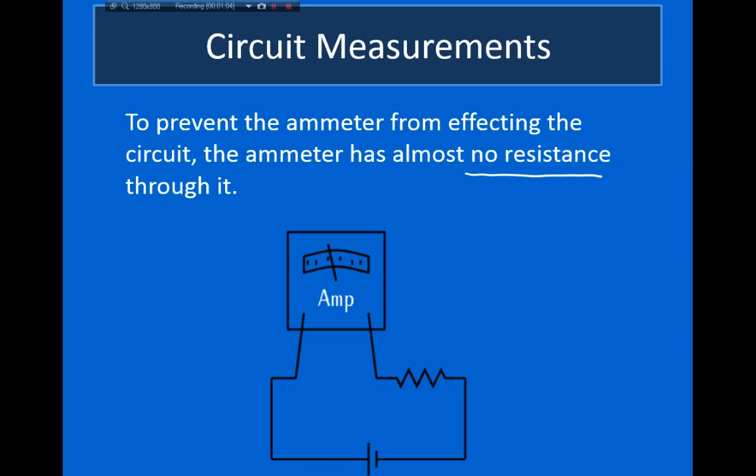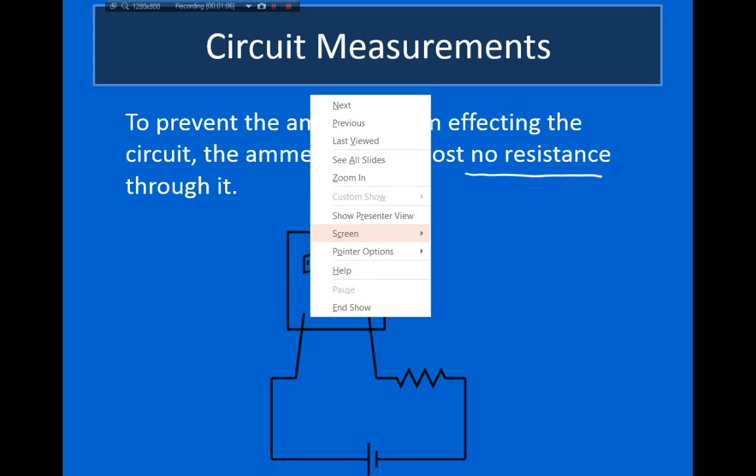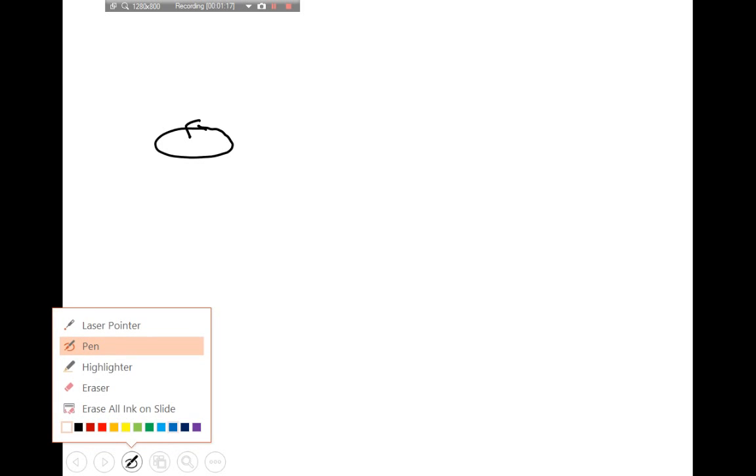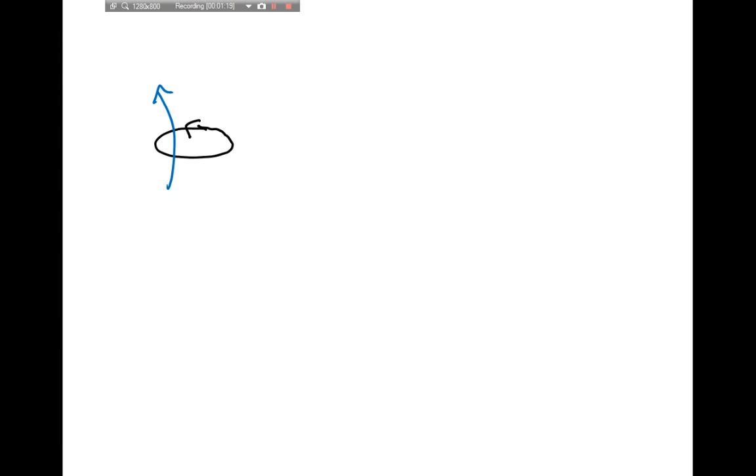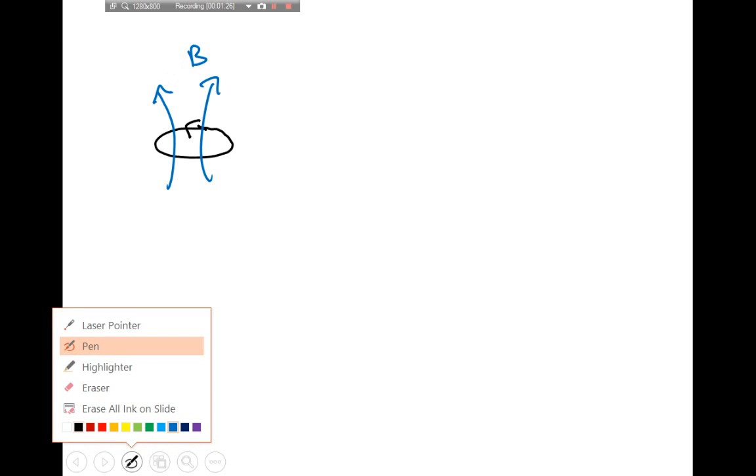And actually, ammeters are relatively simple things. We can easily understand how they work. We haven't really talked about this yet, we'll talk about it a little bit later in the year, but it turns out that when current flows through a loop, it actually creates a magnetic field that kind of looks like this. And the strength of this magnetic field is related to the current that's flowing through the loop.